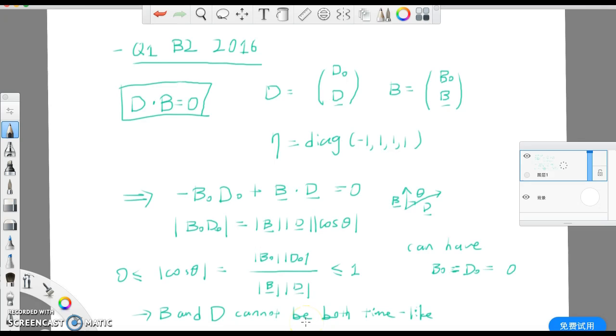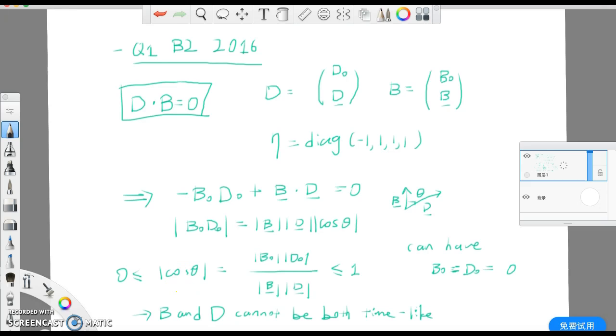Right, but if you don't read, like if your tutor just copies everything down from the official solution, they will say, okay, if one is time-like the other is space-like, and vice versa, and that's not the case, right?